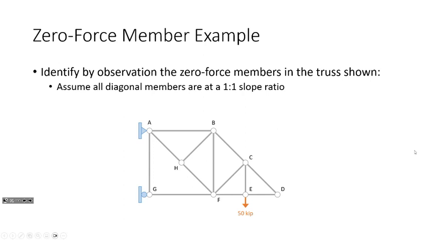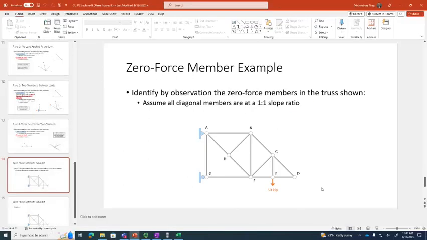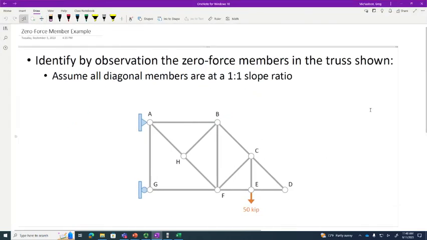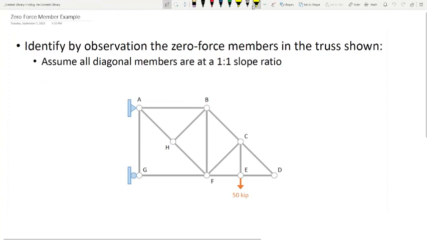Let's take a look at this example. I want to look at this truss, and I want to see if we can identify some zero force members on this truss without doing any analysis, any math, just looking at it. Okay? And so the best way of doing that is to look at the structure joint by joint and see if there are any joints that we can identify that will scream zero force members.